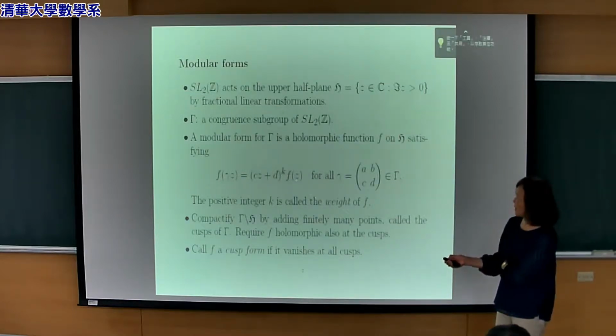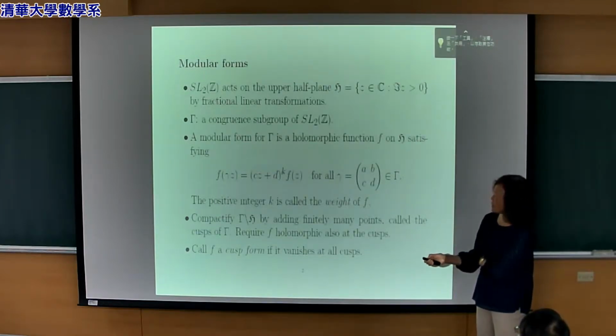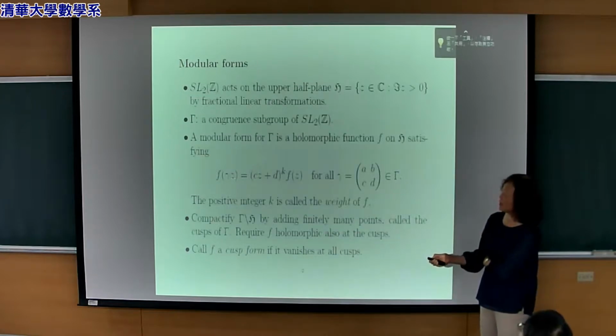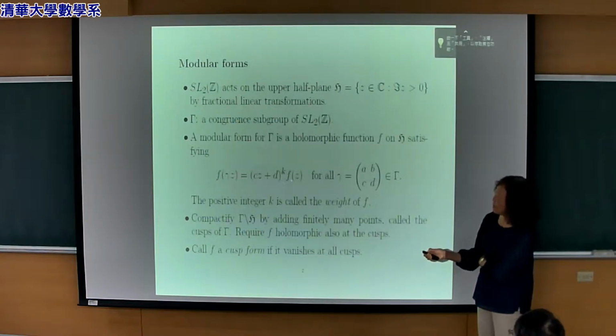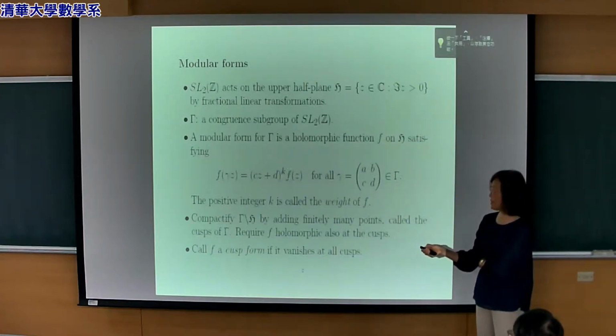K is a positive integer, called the weight of f. This relation originally comes from the case k equals 2, which means that f(z) dz gives you an invariant differential on the upper half plane modulo gamma. So this is a generalization of a holomorphic differential.